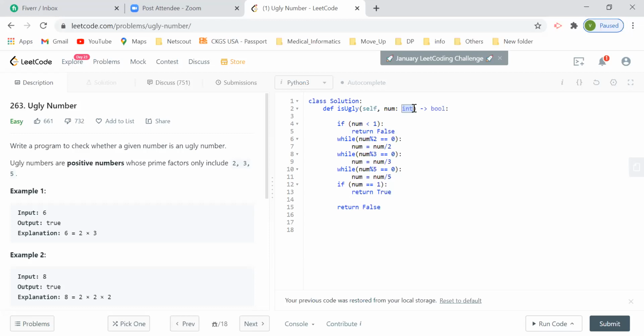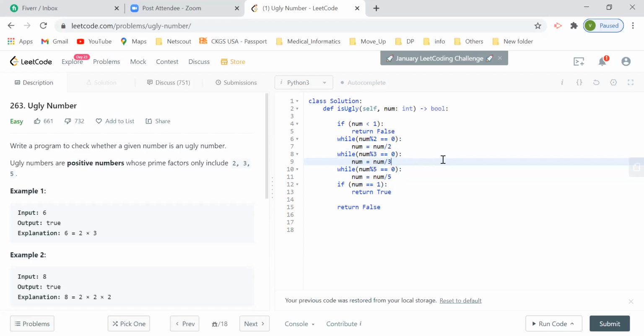If a negative number is divided by those numbers, it will never be 1 eventually. Only if the number eventually is 1 will you return true. If the number is not 1, you will return false anyway, right? So yeah, it will avoid these iterations.